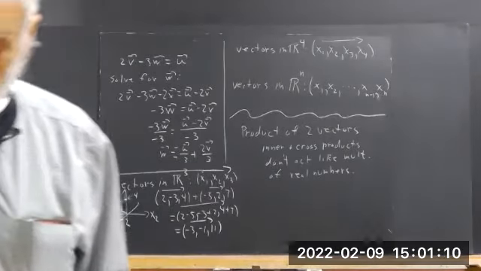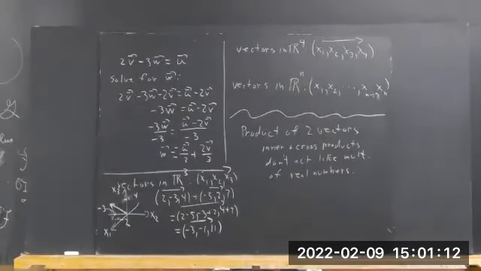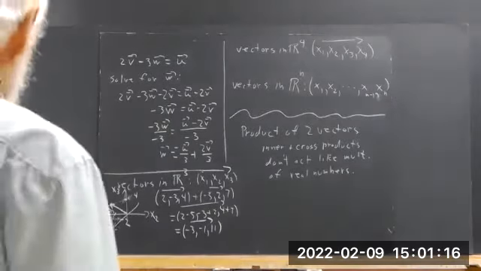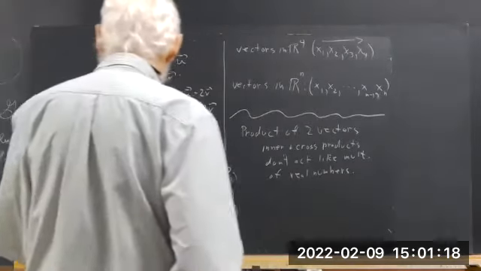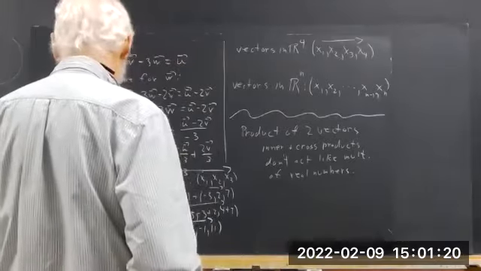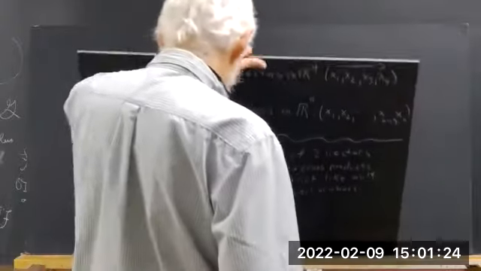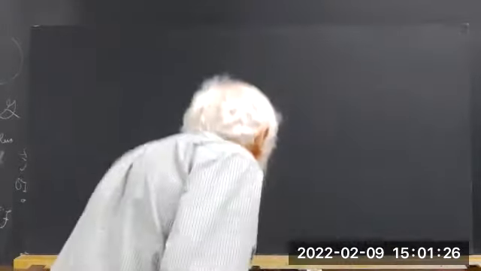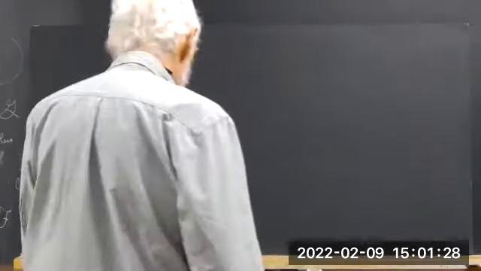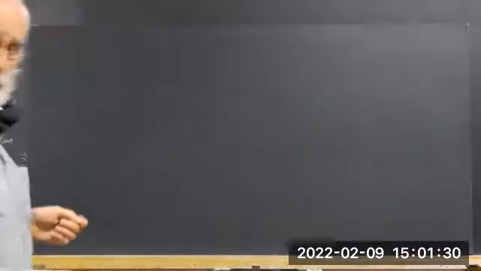But we do want to talk about a couple of more complicated things like linear combinations and so forth. I'm just going to use my better judgment and go directly to linear combinations.